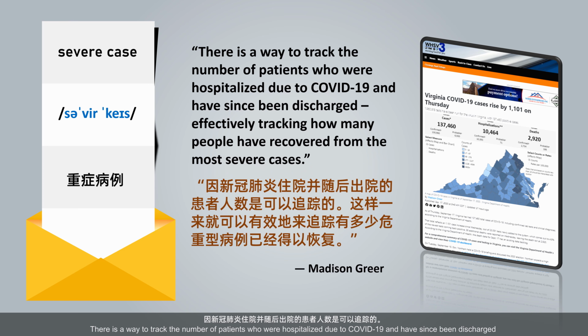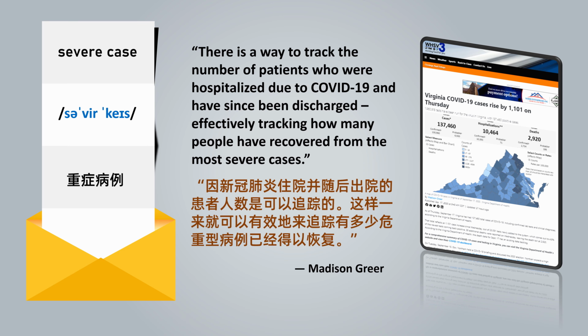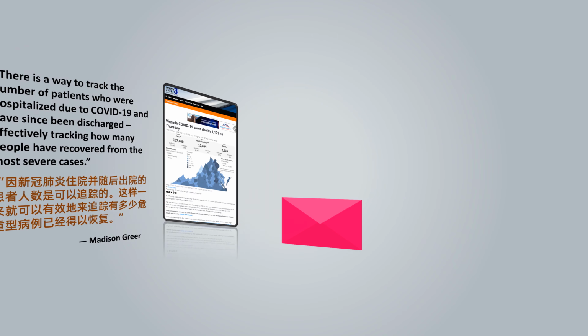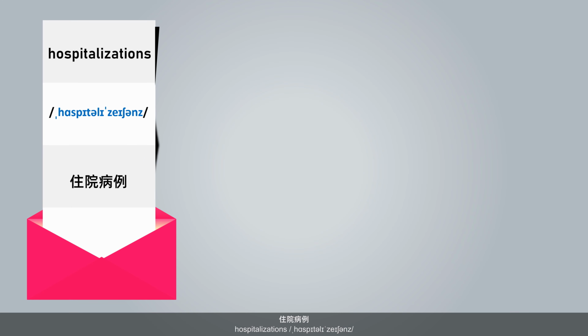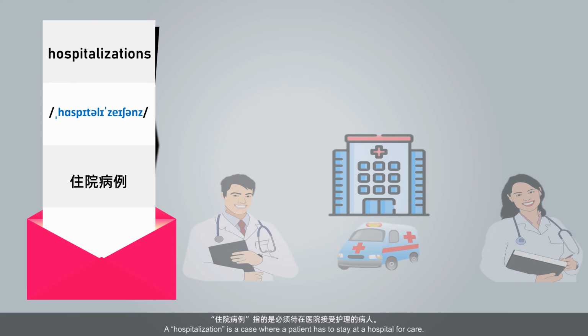There is a way to track the number of patients who were hospitalized due to COVID-19 and have since been discharged, effectively tracking how many people have recovered from the most severe cases. Hospitalizations. A hospitalization is a case where a patient has to stay at a hospital for care.